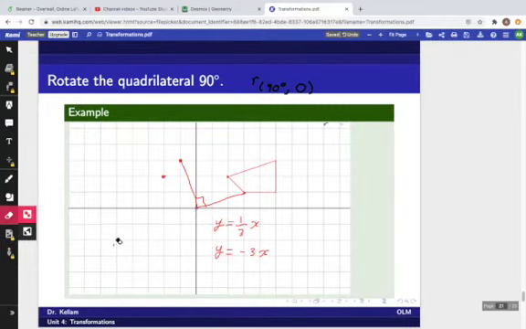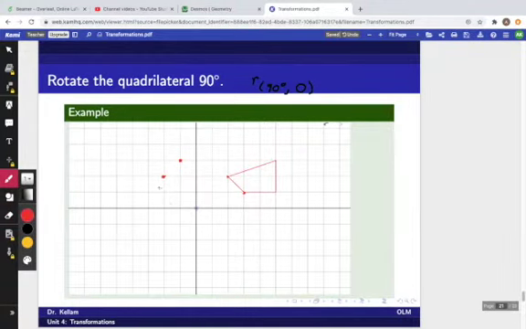Now, instead of finding all of these using that method, we're actually going to think about what just happened. This was the point 2, 2. This is the point negative 2, 2. This point is the point 3, 1. And this point is the point negative 1, 3.